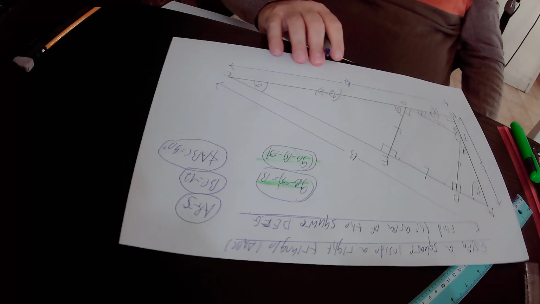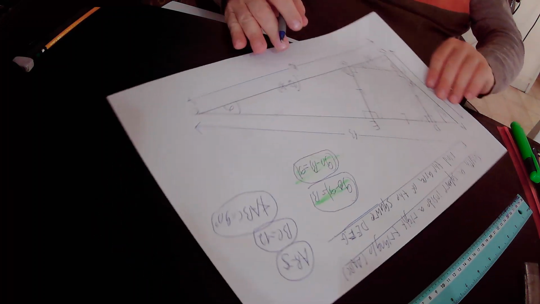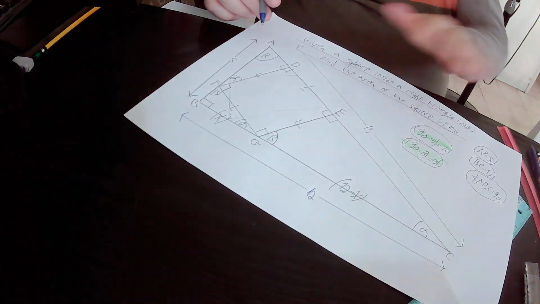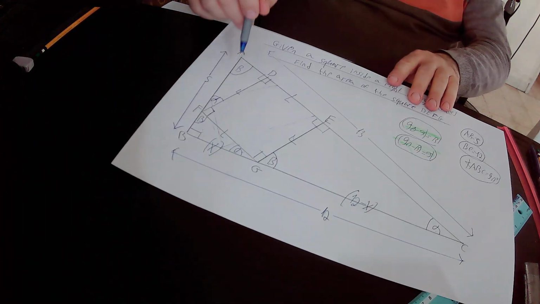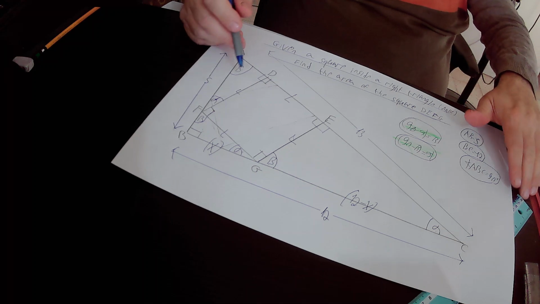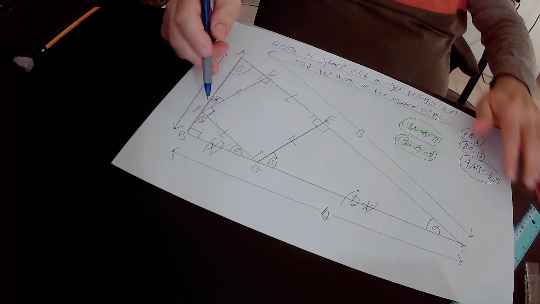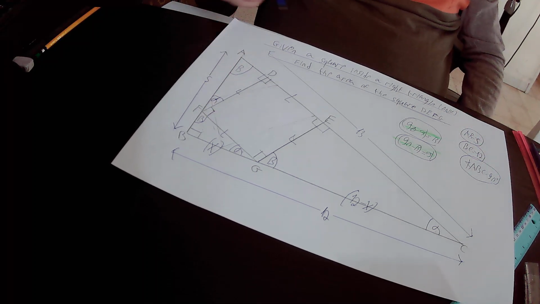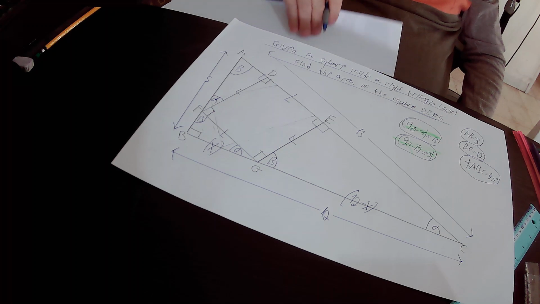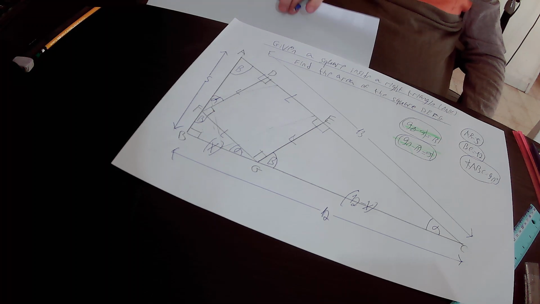So we know that the big right triangle ABC is similar to this small right triangle FBG. Okay, so I write it down.